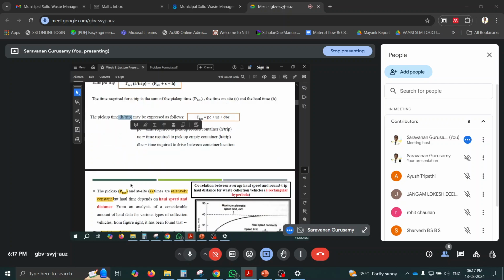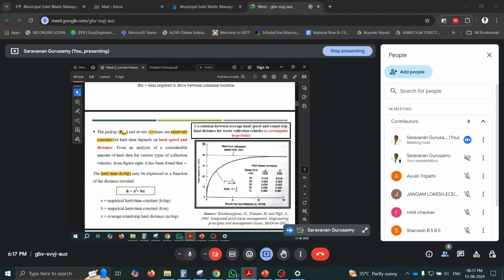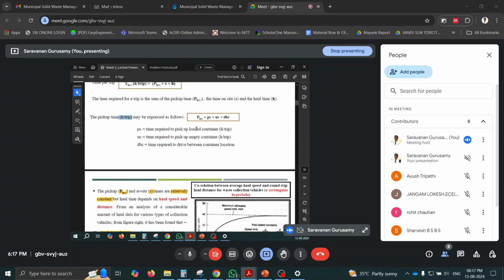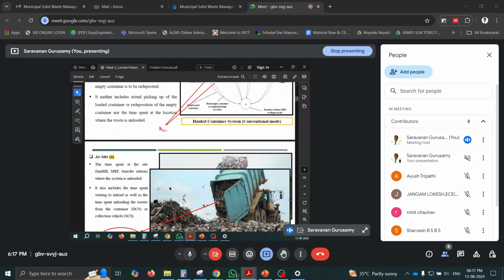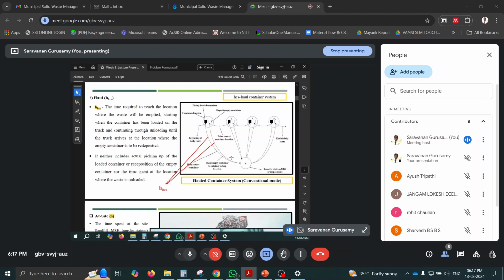Again, there is one beautiful concept: the haul time H and the distance are related in the form of a rectangular hyperbola. H is the time required to travel between the location and the disposal site, so it is based on how much distance and how much traffic.